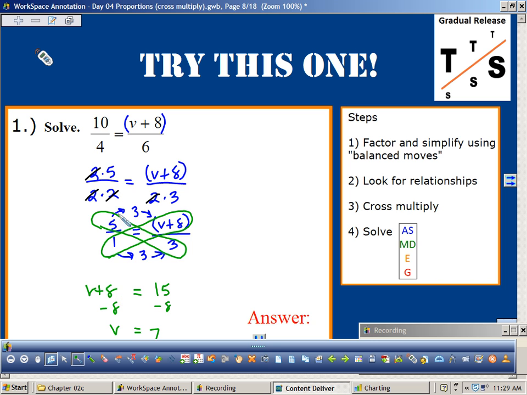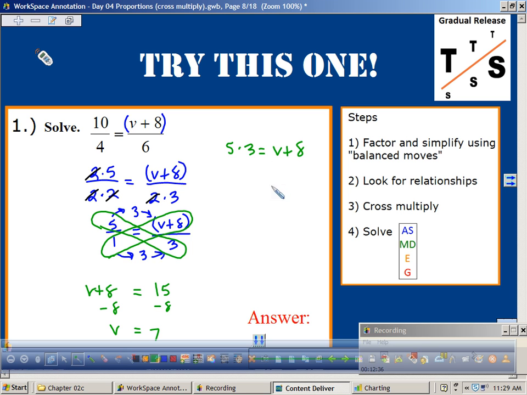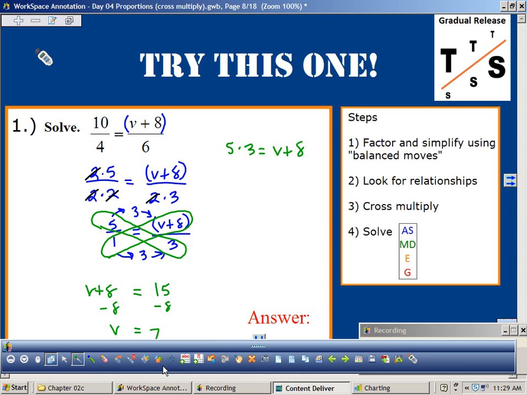What was the other way? Exactly. The other one was 1 times 3 equals 3. So 5 times 3 equals b plus 8. Is that what you did? Oh, hold on, I can't hear. You did what?